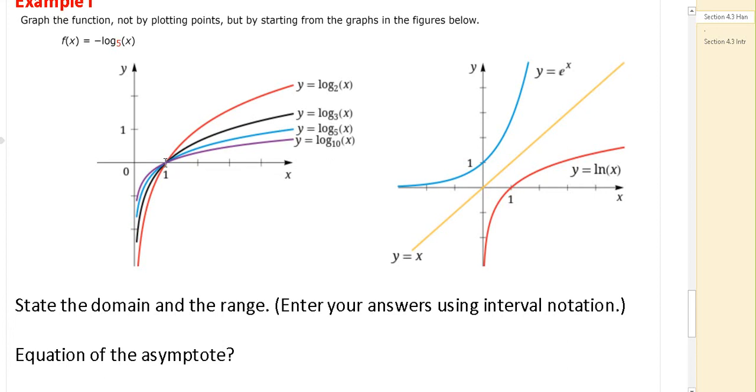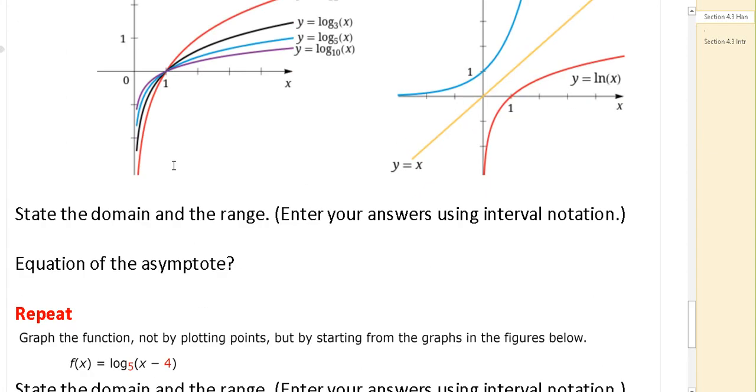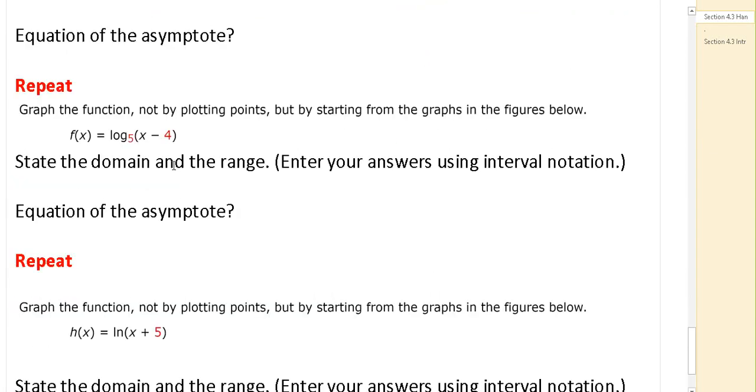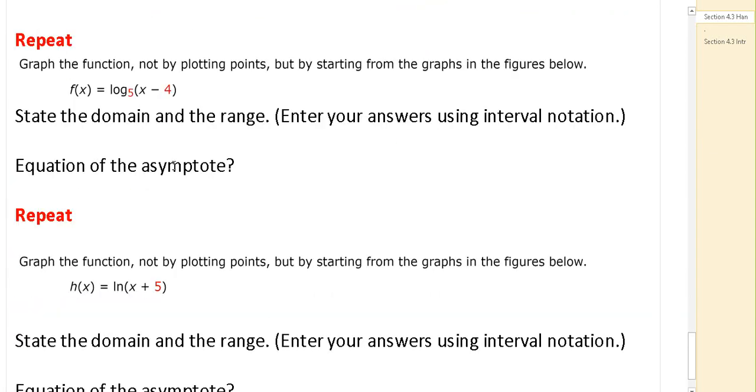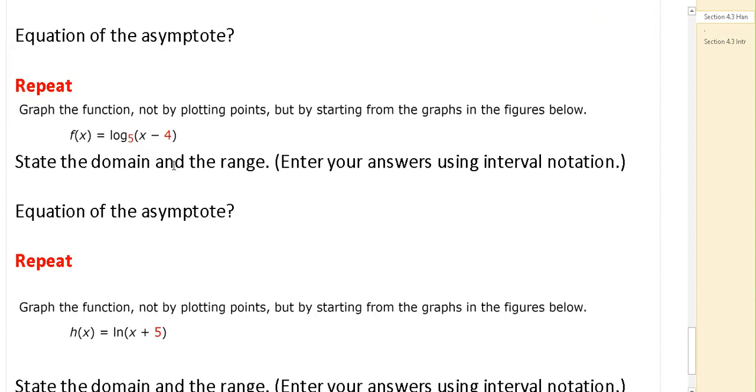They pass through the point 1 and 0. That's going to be on the graph of log base a of any graph, as long as a is a legitimate base for a logarithmic function. The base has to be greater than 0 and different than 1.